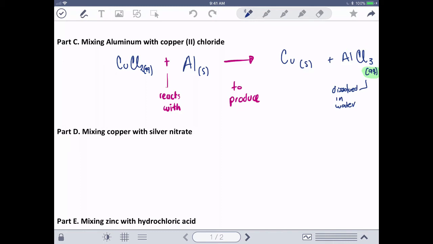So we have the copper chloride plus the aluminum, which is solid, and then the copper solid that formed with aluminum chloride. Now go to your notes and look at the colors. What was the initial color of the copper chloride? What were the initial physical characteristics of the aluminum? How did the copper look after the reaction? What did the aluminum chloride look like?